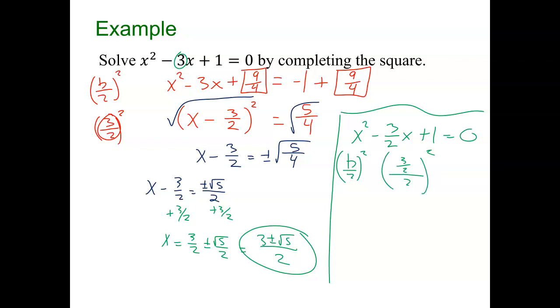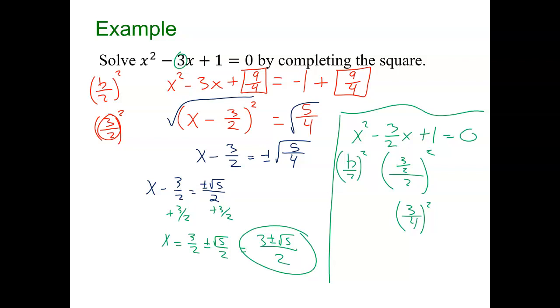So when we divide 3 halves by 2, I get 3/4. So that's going to end up changing the denominator. We won't see a lot of fractions, but the process is still the same, and that's what's going to cause little bits of variation. But the process remains the same.